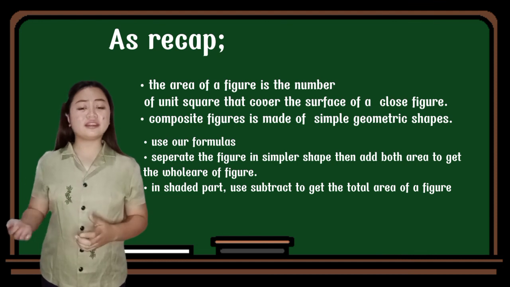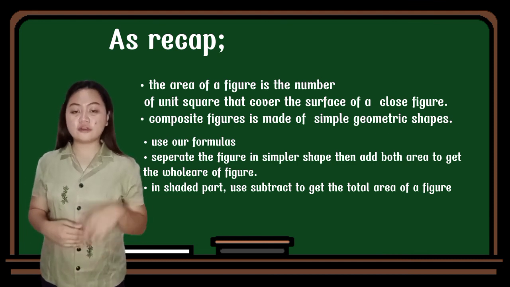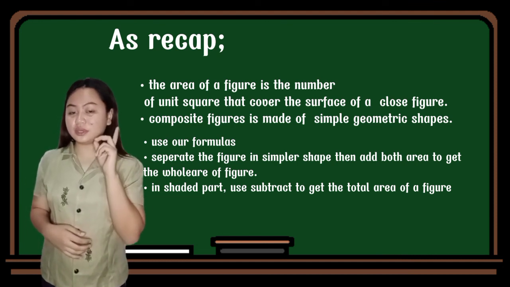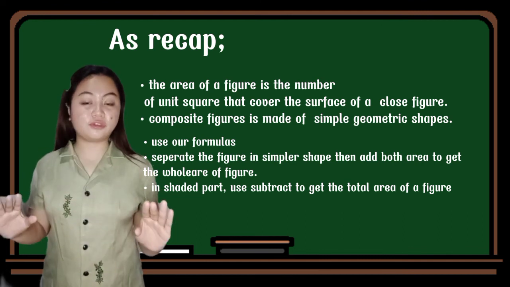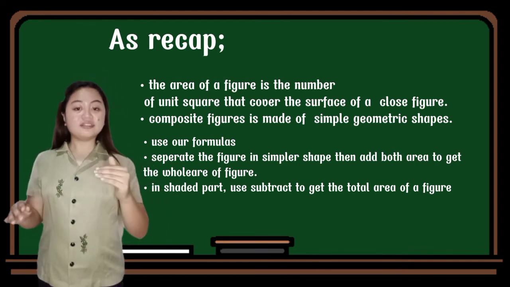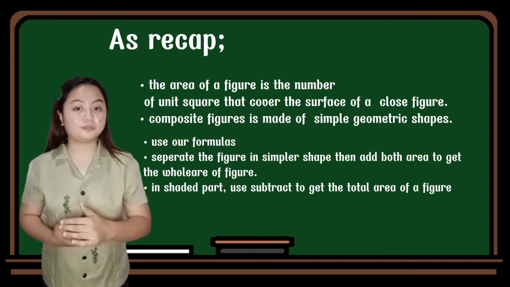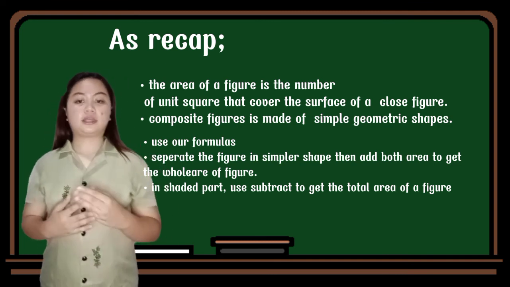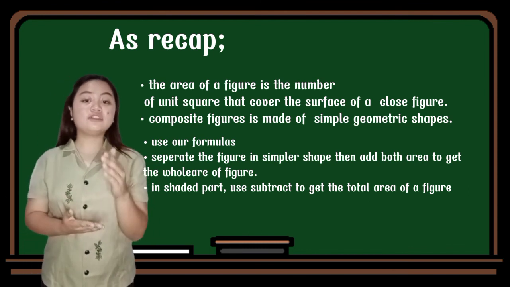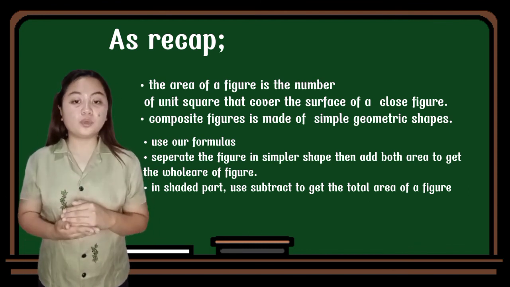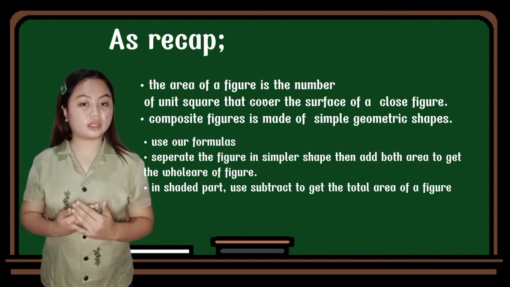For finding areas of composite figures, first, we need to separate the figure. Then after that, add the areas of each figure to get the area of the whole figure. And last, when finding the shaded areas, we subtract them to get the total area.